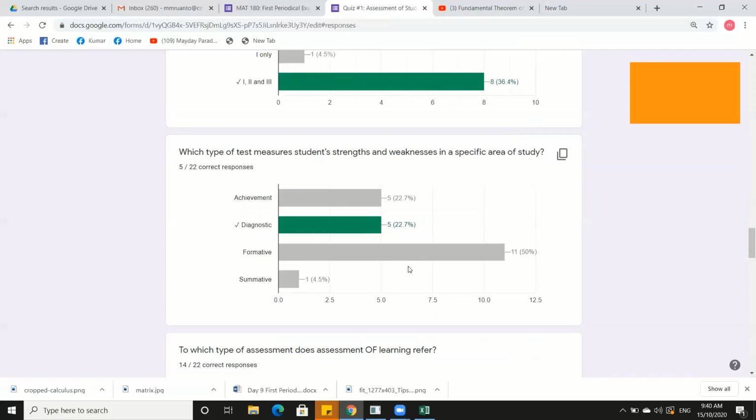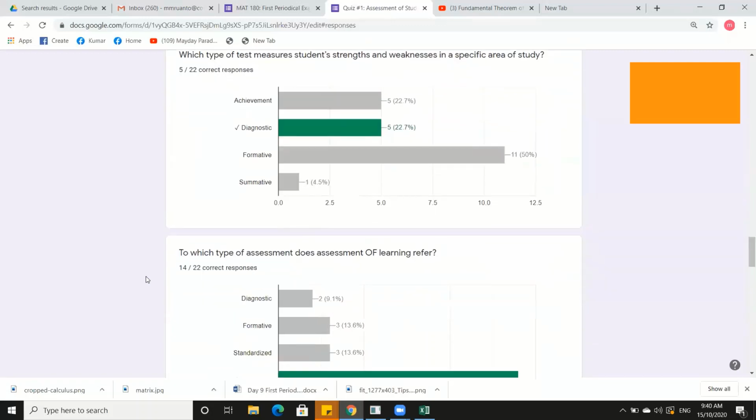Or if for that day the students have not achieved the learning outcomes, maybe the teacher will reteach and use another teaching strategy. Summative, yeah, it's usually at the end. Parang same purpose as the achievement, pero summative is in the classroom setting. Okay. So for this item, the best answer is diagnostic. So it's letter B.